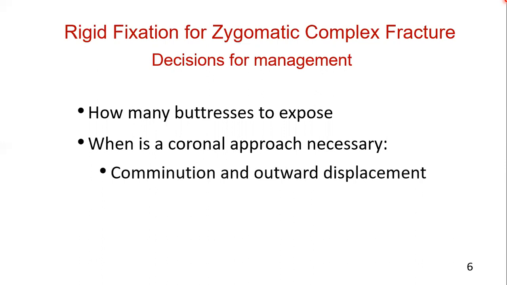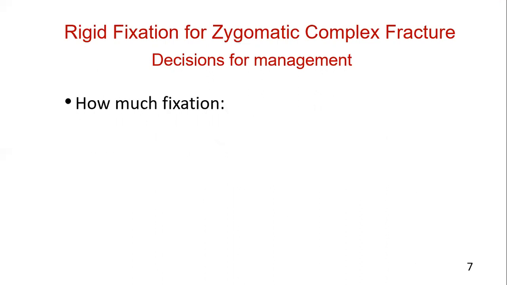It is required when comminution and outward displacement of the zygomatic complex is involved. And second is when you want to expose the zygomatic arch because it is involved in the fracture, and you want to use it as a landmark for the reduction of the zygomatic complex fracture, or you want to place a plate over the zygomatic arch area, then the coronal approach is mandatory.